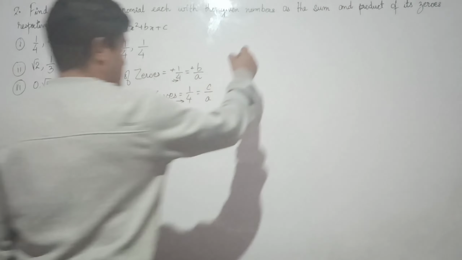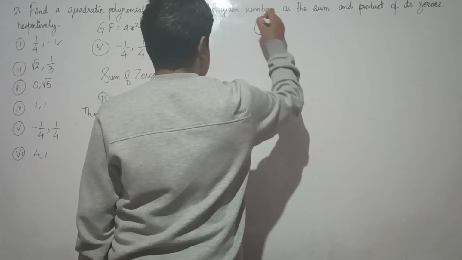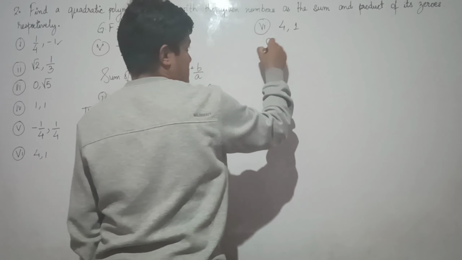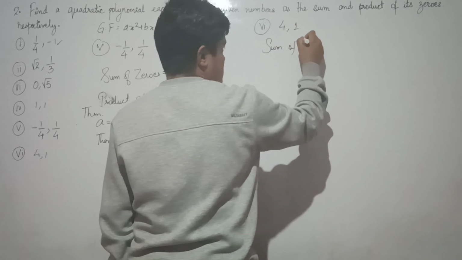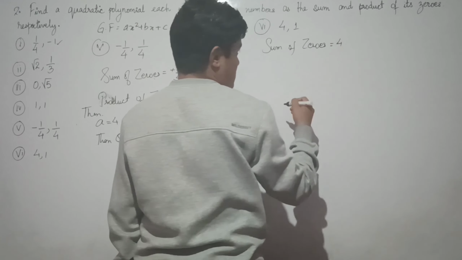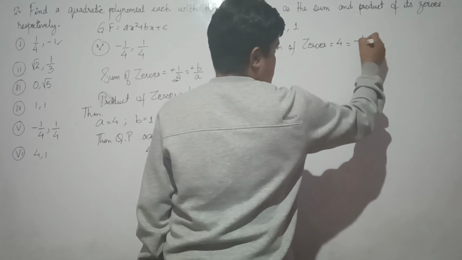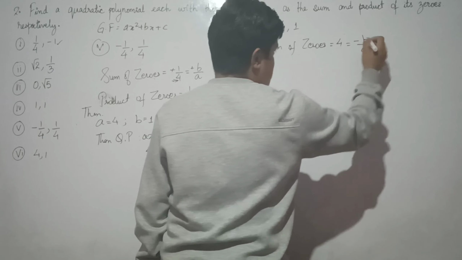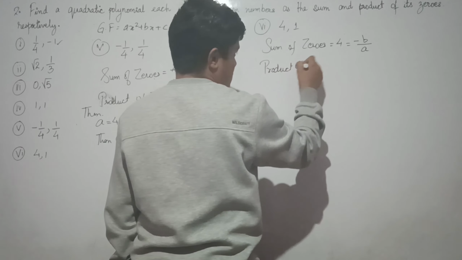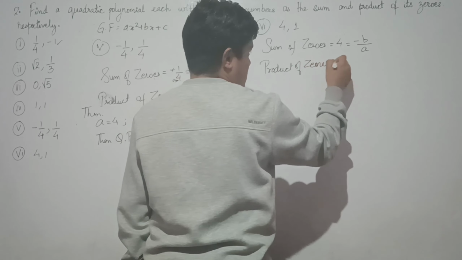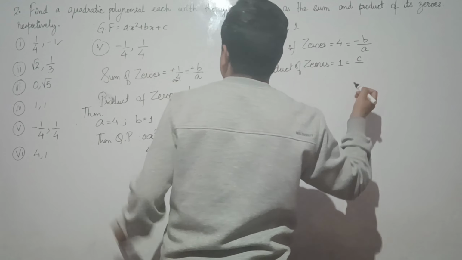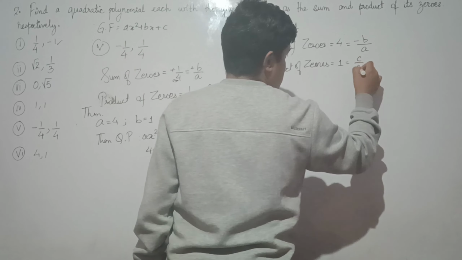Again, question number 6 is there. Question number 6, 4 and 1. Sum of zeros equals to 4 equals to minus coefficient of x by coefficient of x square. Product of zeros equals to 1, constant term by the coefficient of x square, which is a.